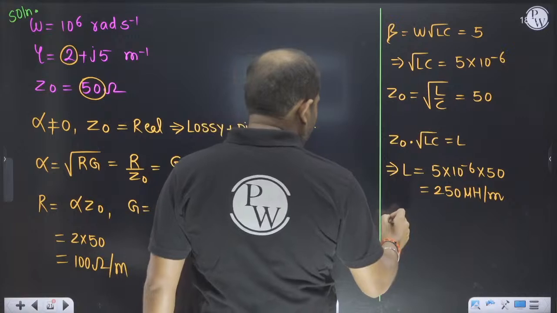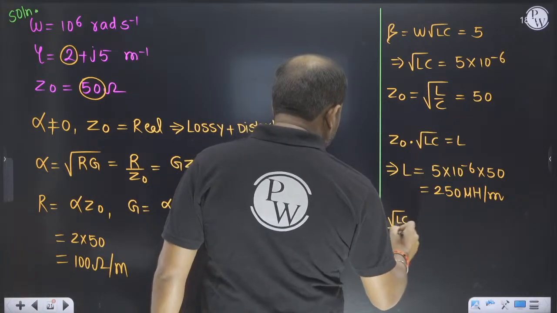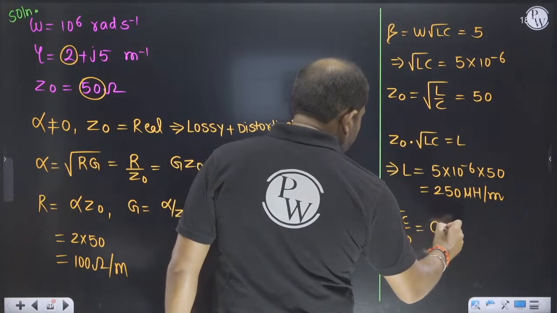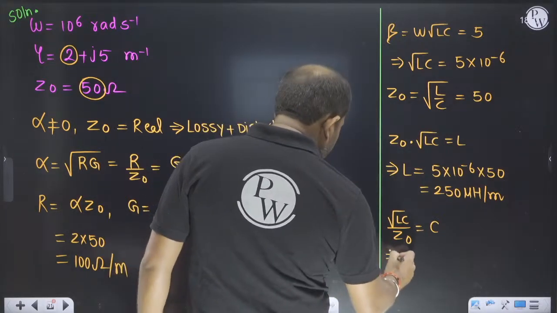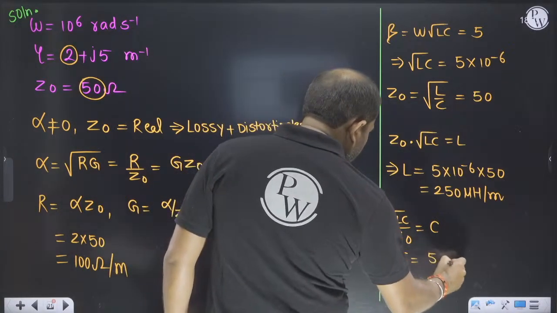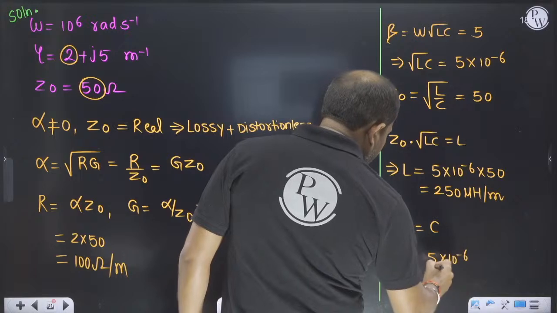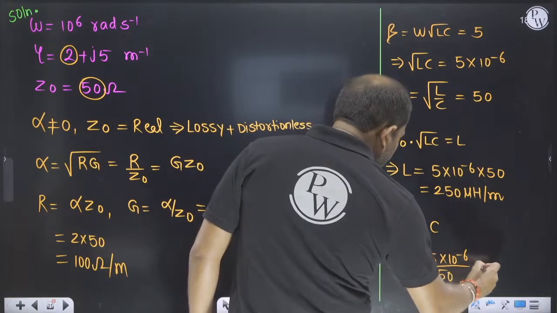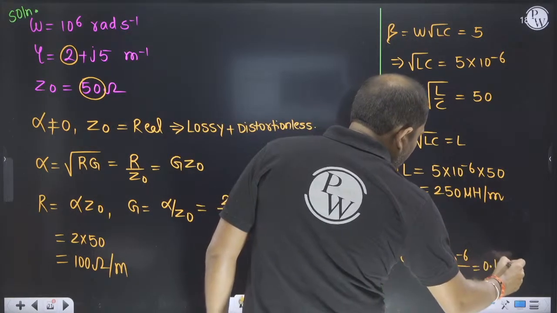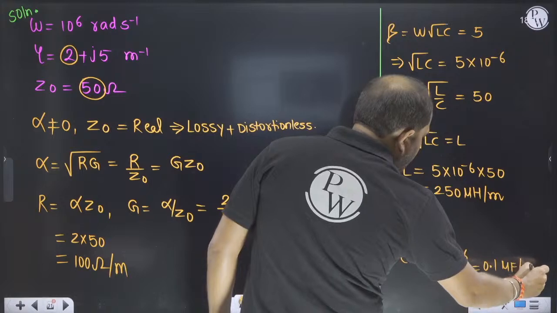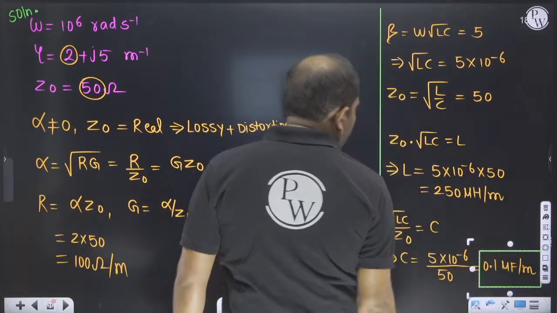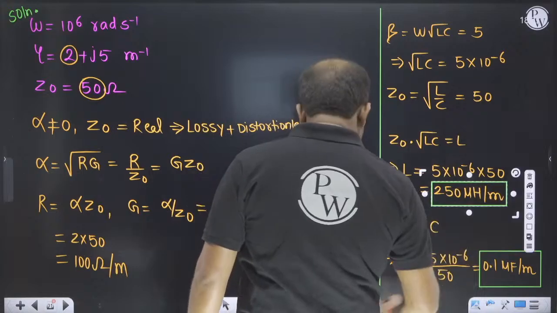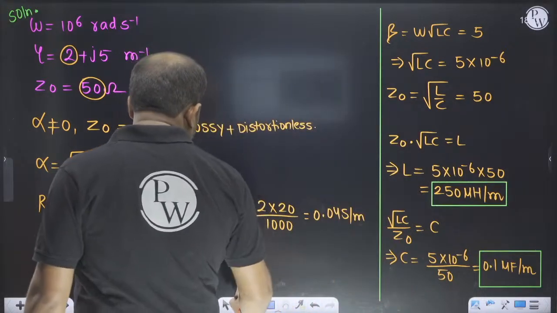Then under root LC divided by Z naught is equal to C. So C is equal to 5 into 10 to the power minus 6 divided by 50, 0.1 microfarad per meter.